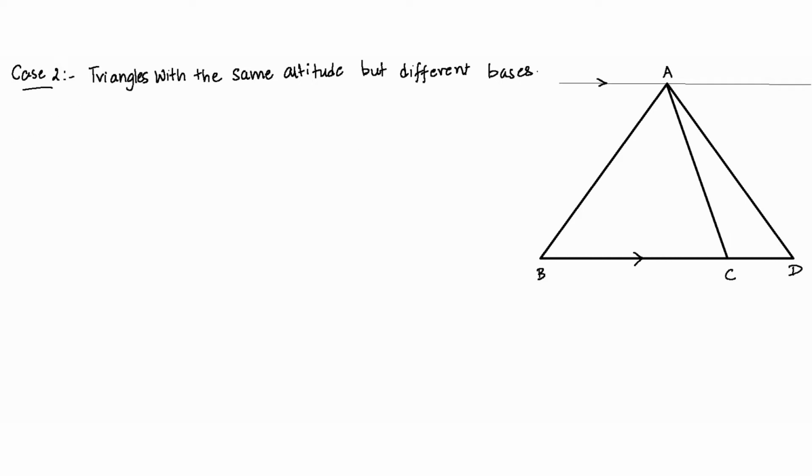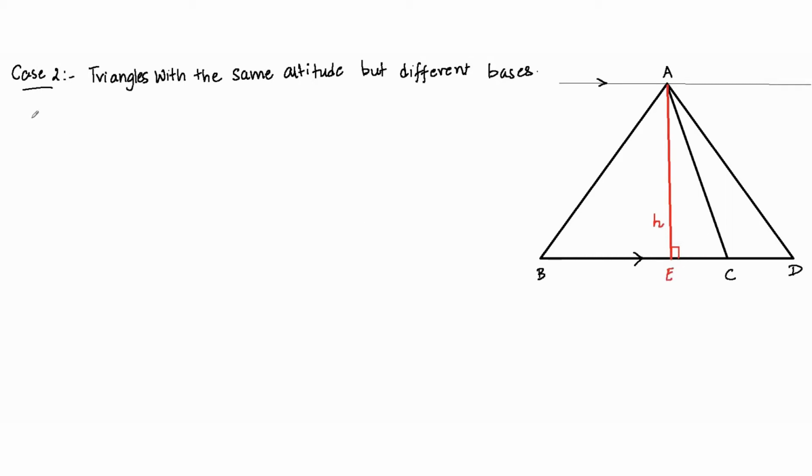So now if I were to draw the height of the triangle ABD, say let's consider this red line to be the height of the triangle ABD, then this is also going to be the height for the other triangles as well, right?